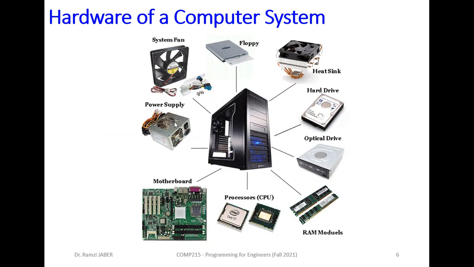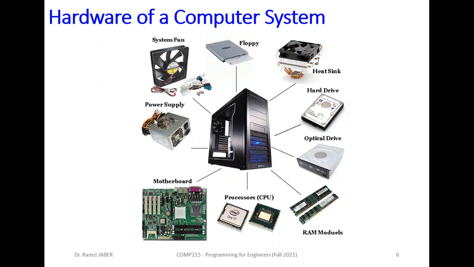The power supply will convert the AC power from your home, 120 volt, to DC power, from AC to DC: like 5 volts for the motherboard, 3.3 volts for the RAM, and 12 volts for the DVD-ROM, hard disk, or fans. So the power supply has many DC outputs.